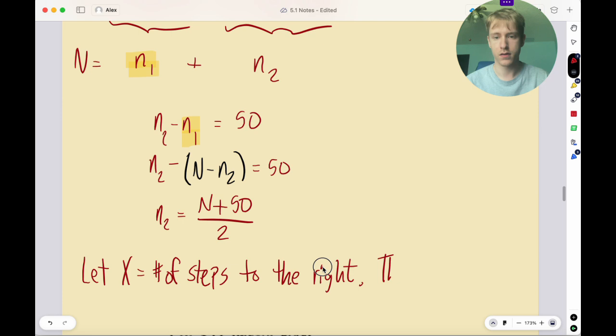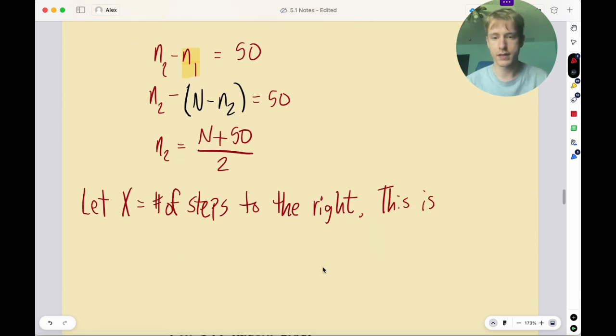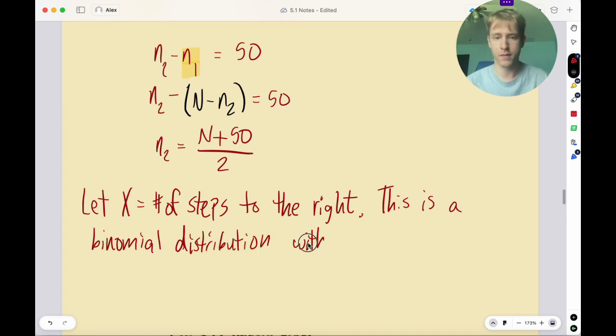Clearly, this is a binomial distribution with capital N Bernoulli trials and probability of success p, and recall that is all we need to specify the binomial distribution.